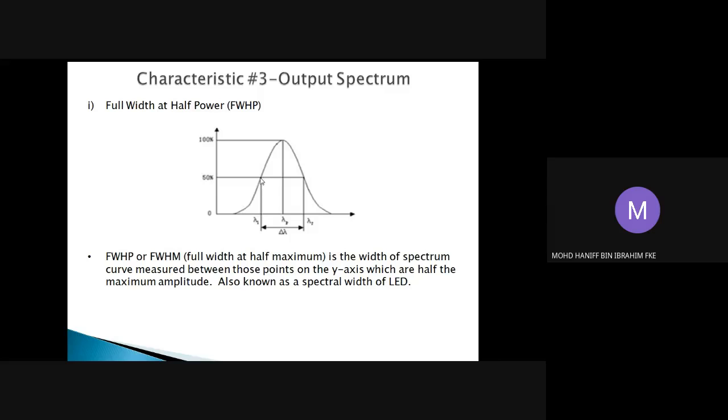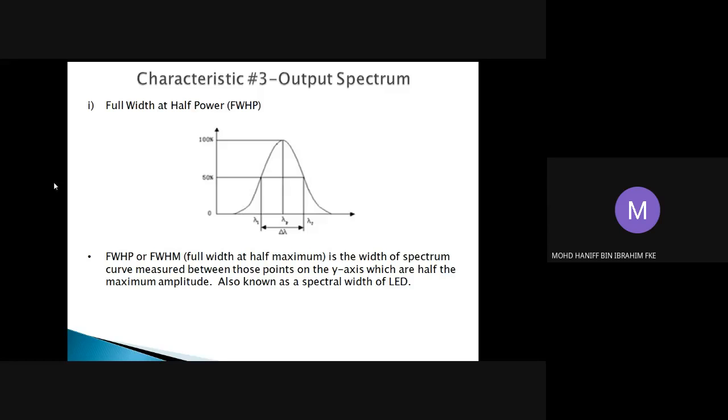So there should be a width of spectrum at 50% half power. The width of the spectrum, which is the span between lambda 1 and lambda 2, is what we call the full width at half maximum, also known as the spectral width.